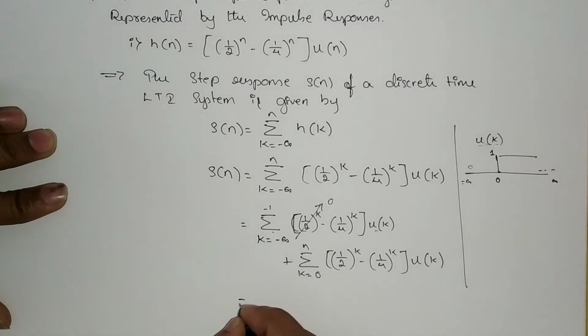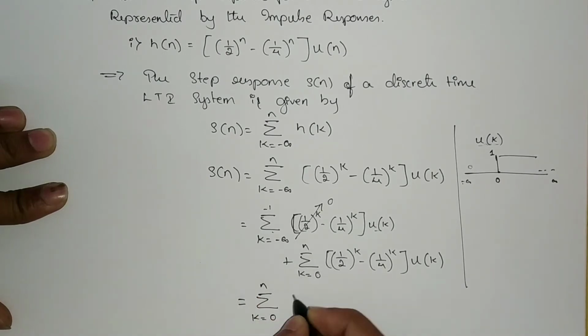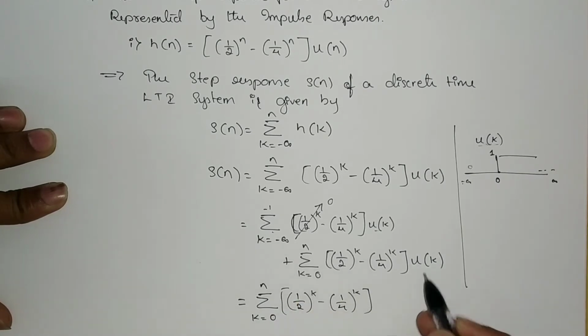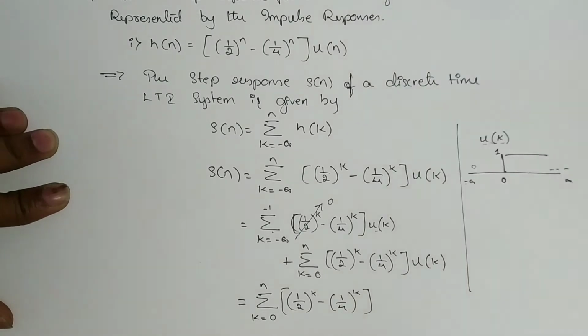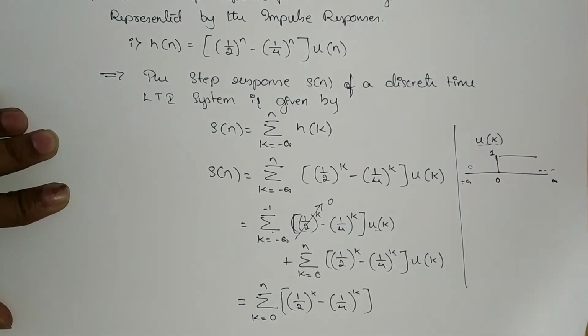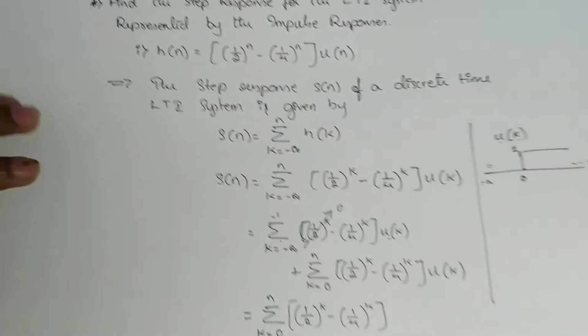Therefore, we are left with the summation of k equals 0 to n of (1/2)^k minus (1/4)^k, as the value of u of k is 1 in this limit.